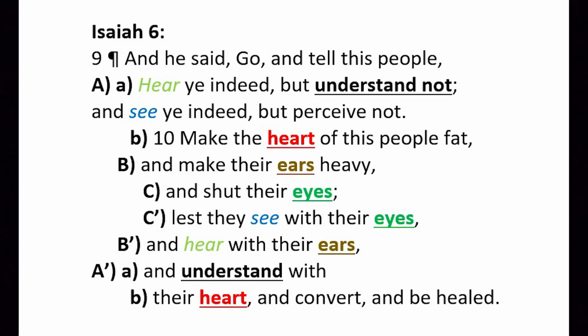So now notice in the section A, I have both a little a and a little b term that's highlighted there, and that's also repeated in the section down below in the A prime term. So the term that makes the match is understand not above, and down below it's understand. And then in the B term, you have heart, make the heart of the people fat up above, and down below, their heart and convert and be healed.